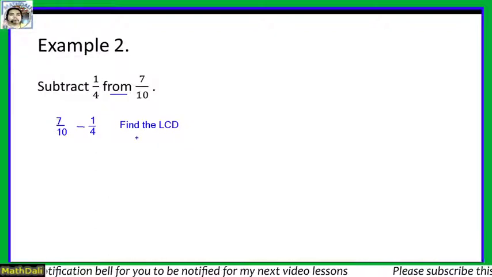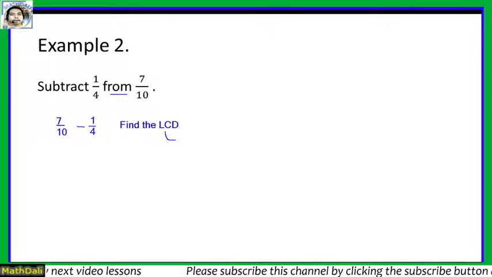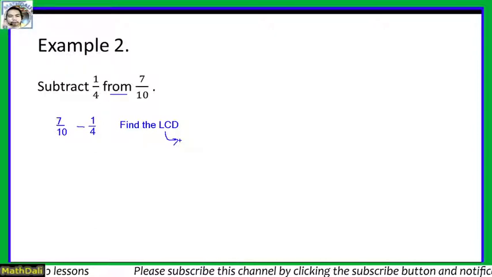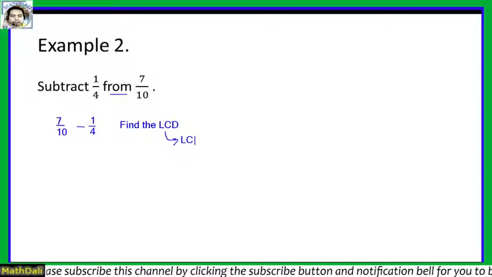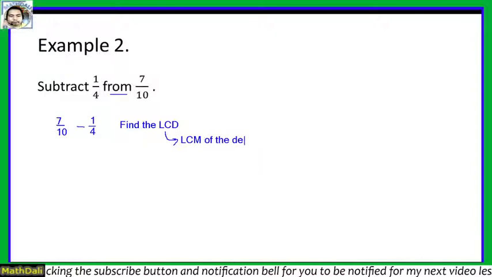Pero kukunin natin yung LCD sa pamamagitan ng paghanap ng least common multiple ng denominator. So, anong least common multiple? Yung LCD natin, ito yung tinatawag natin na least common multiple of the denominator.